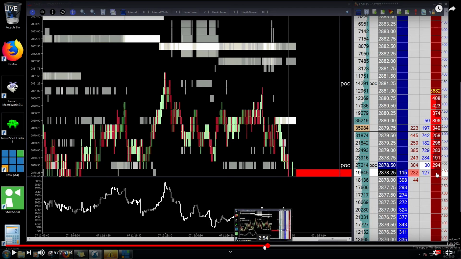Because there's 4 ways to get in and out of a trade. You have your bid limit, your bid market, your ask limit, and your ask market. All right. So if I want to get into the trade, I can either limit bid right here, I can limit ask here, I can market buy out, or I can market sell out.